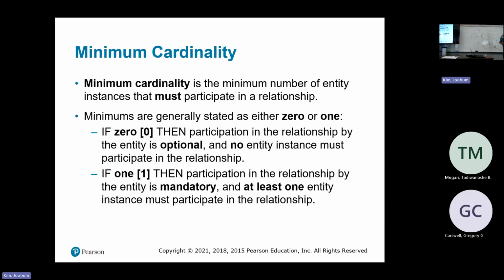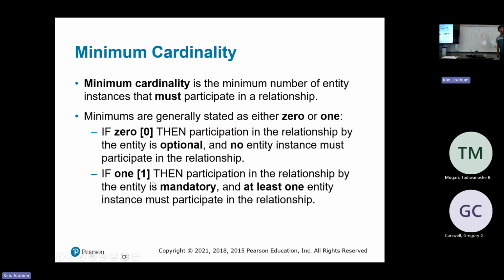Okay, and then modality, minimum cardinality, like that. So usually it has 0 or 1. There are specific meanings. Take a look. Zero means optional. It may or may not exist, vice versa.